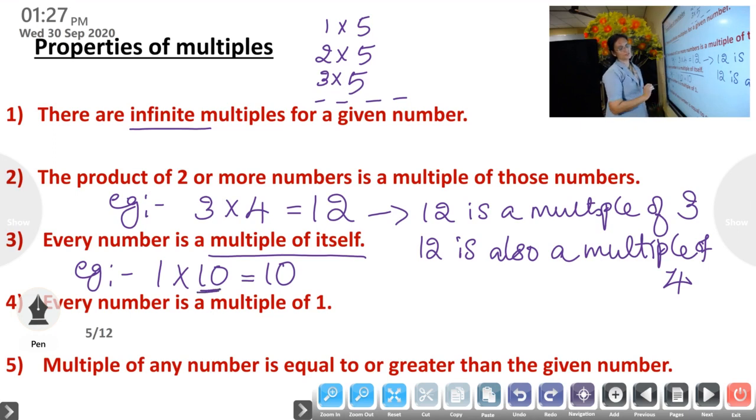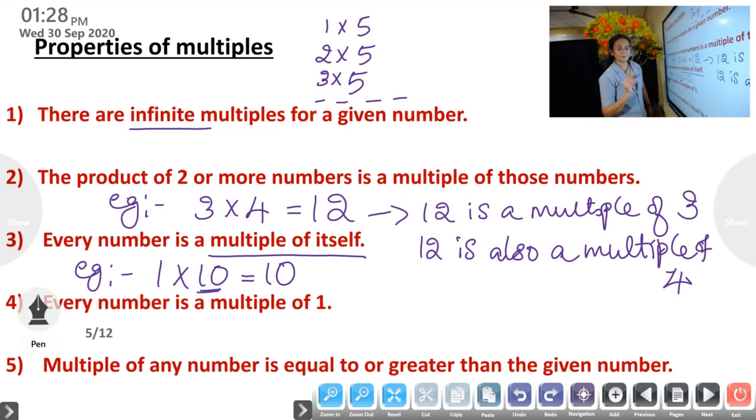Actually 10 is a multiple of 10. 10 is also a multiple of 1. That is our next property. So here 10 is a multiple of 10, and 10 is also a multiple of 1. So this property: every number is a multiple of itself. Here you can see that 10 is a multiple of 10 itself, because 1 into 10 equals 10.